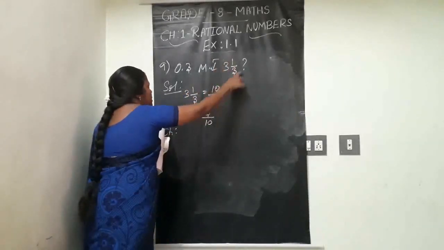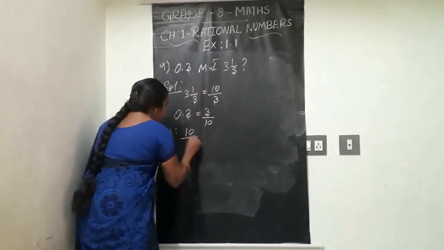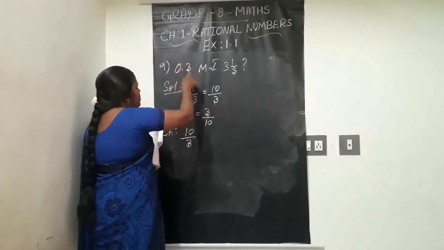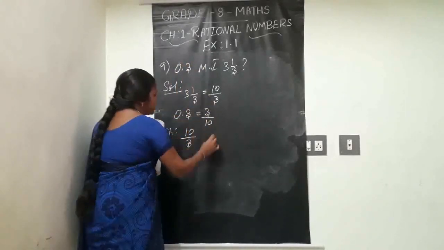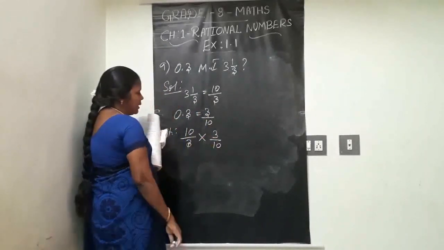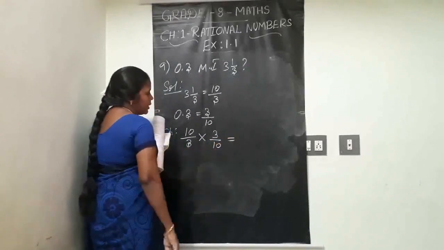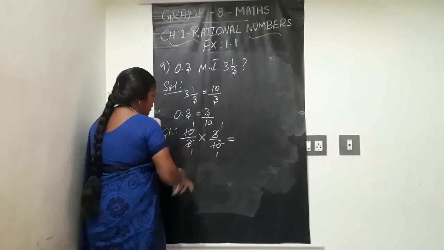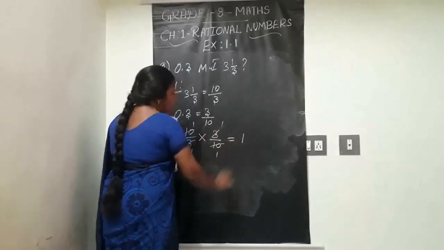We will check whether this product is coming as 1 or not. See, this number's answer is 10 by 3, and this number's fraction form is 3 by 10. Both we have to multiply. What answer is coming? 1 10 is 10, 1 10 is 10. 1 3 is 3, 1 3 is 3. Answer is 1 only.